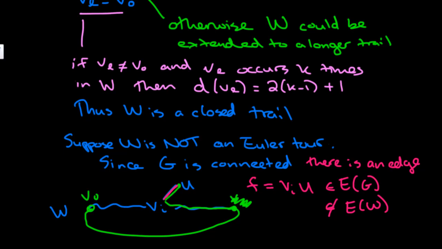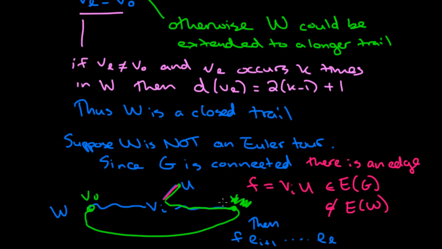So let's just write that down. Then, if you were to use up the edge F, and then the edge E_{i+1}, and you continue to use W until you get to the last edge EL.